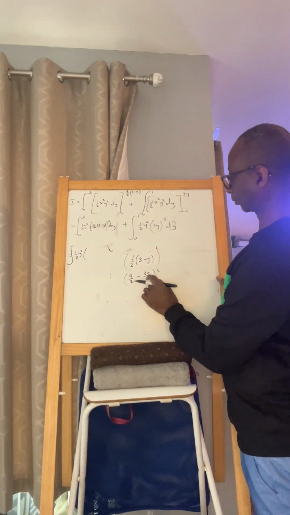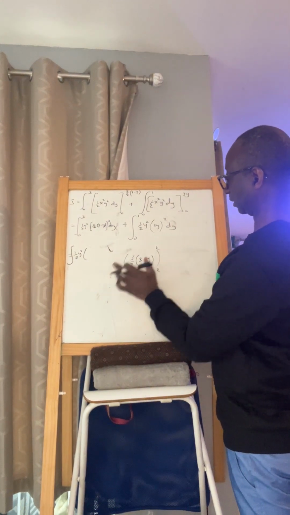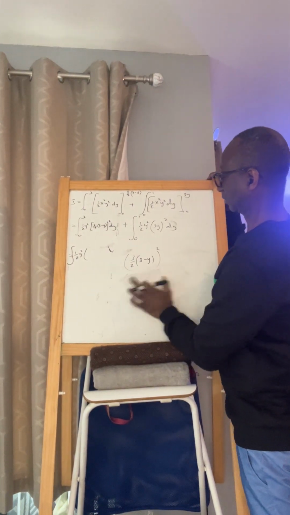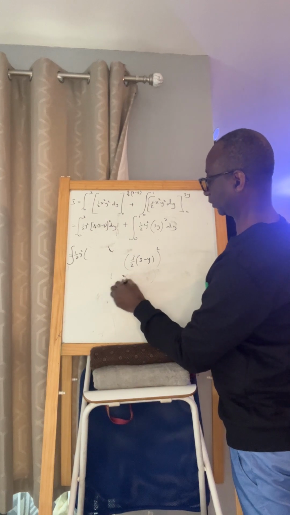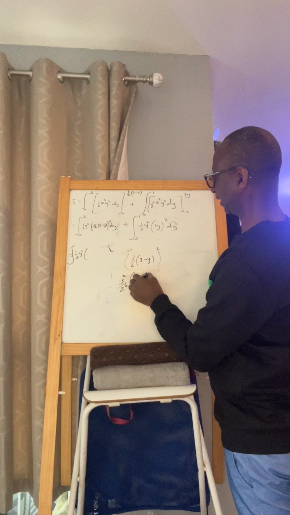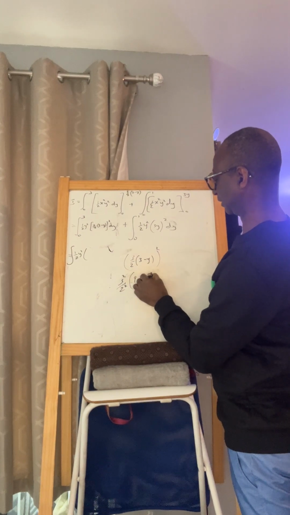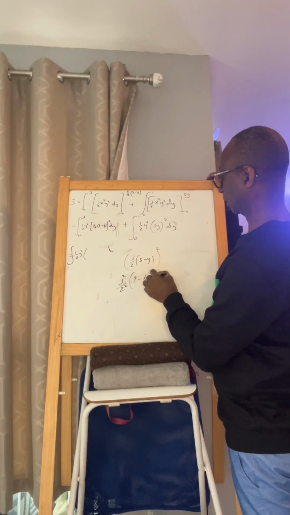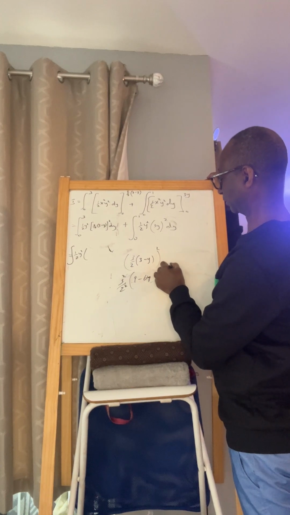So, if this is what you have, this is going to be a problem like this. Let us just say 3 all over 2 again. This is algebra. So this is going to give us 9 minus 6y plus y squared.